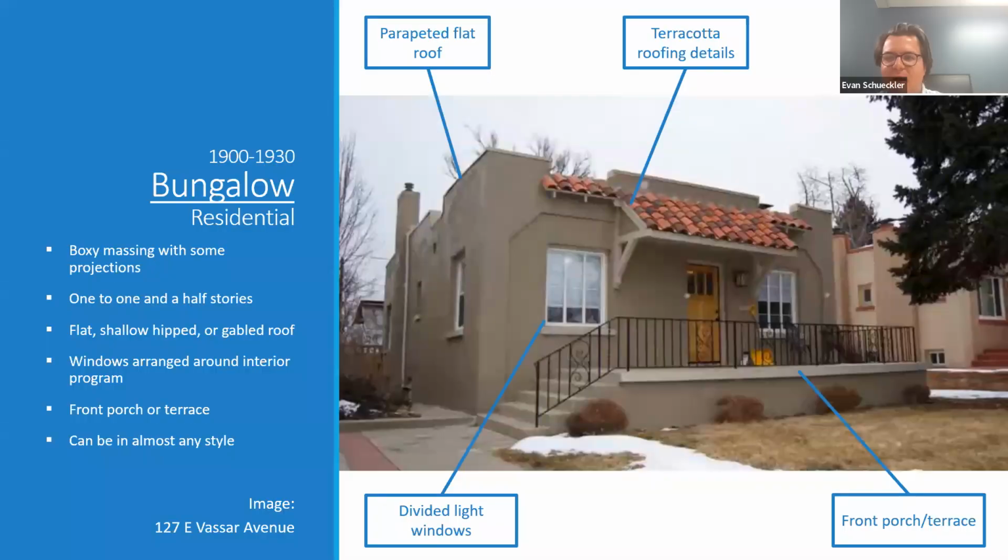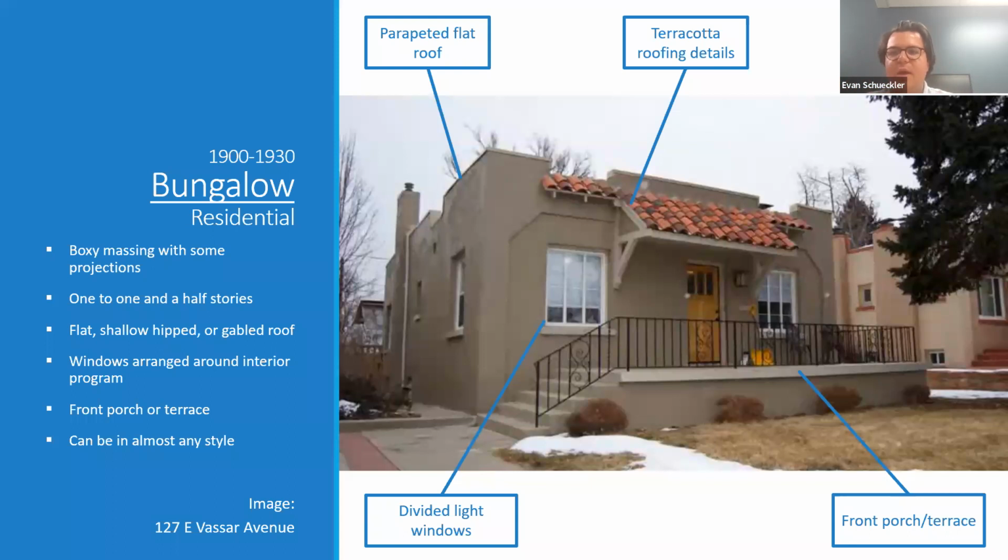So now we're on to our last two, which are some more types. We were just talking about craftsmen, and typically we talk about craftsman bungalows. Craftsman is the style and bungalow is the type. Those two have basically become synonymous, and most of the craftsmen we have are bungalows, but you will also see bungalows in other styles. The bungalow really being that boxy, simple massing, typically one, maybe 1.5 stories, could be flat or hipped or gabled roofs.